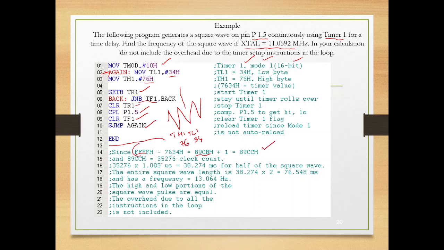In terms of clock, we get 35276 clock counts, and that count is multiplied by 1.085 microseconds. So it is 38.27 milliseconds for half of the wave. In this way we can calculate the time duration for each wave.